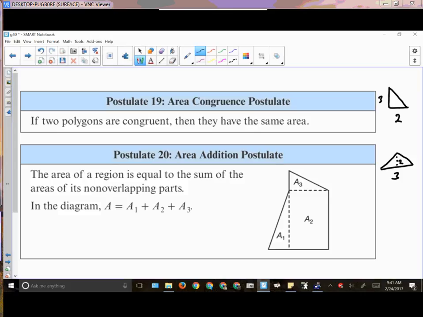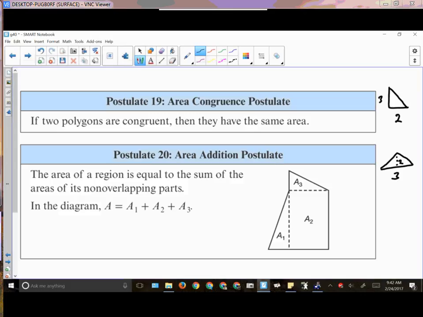Would that also give me the exact same area? Yeah. So, got to be careful about that. Just because the area is the same does not mean that the polygon or the shape is going to be exactly the same. I mean, after all, could I have a square that has the same area as a triangle? So, keep that in mind.